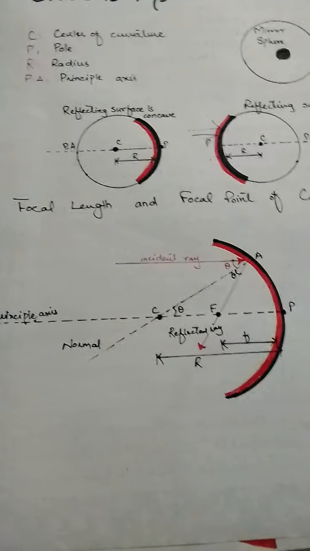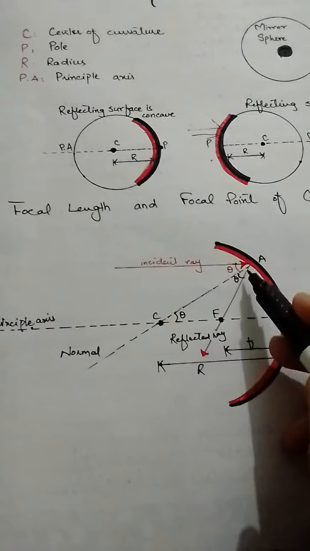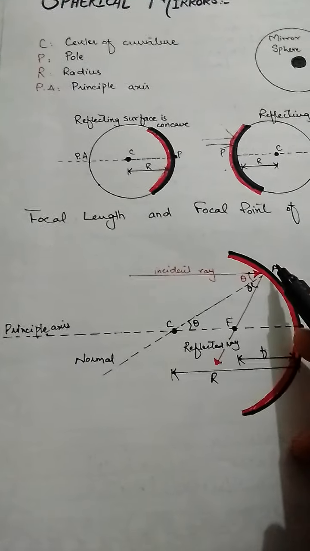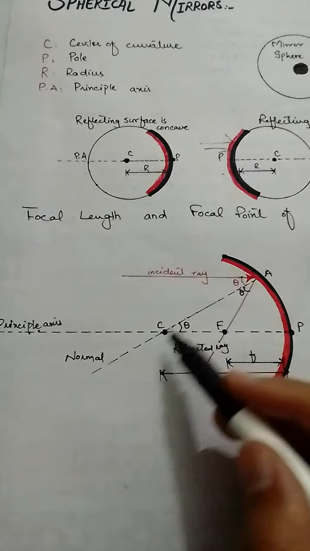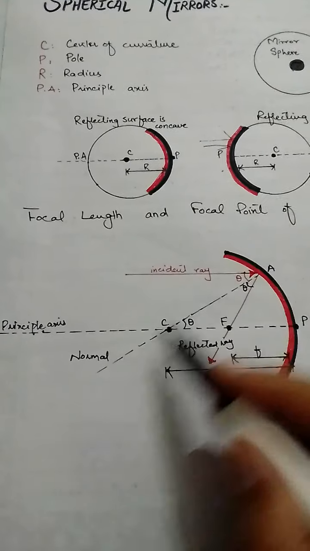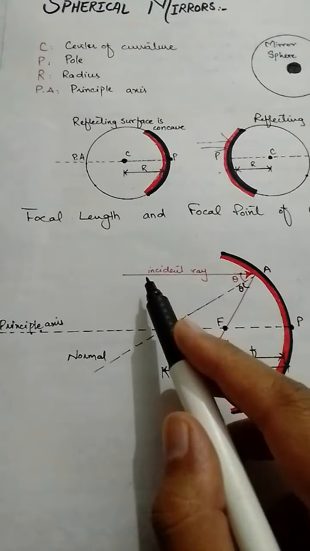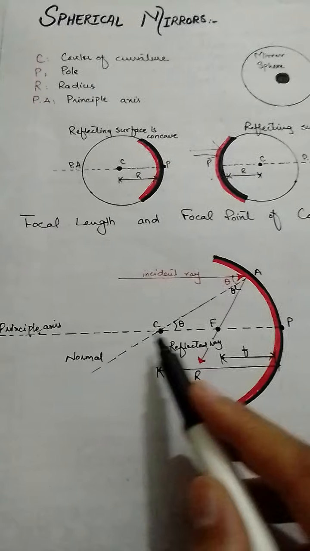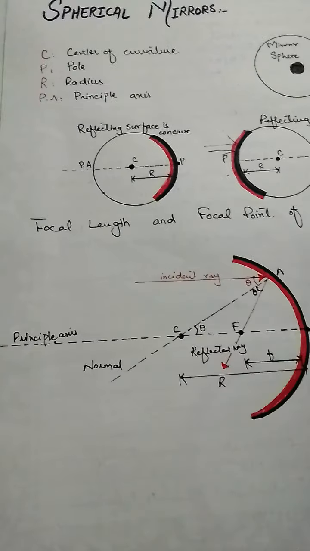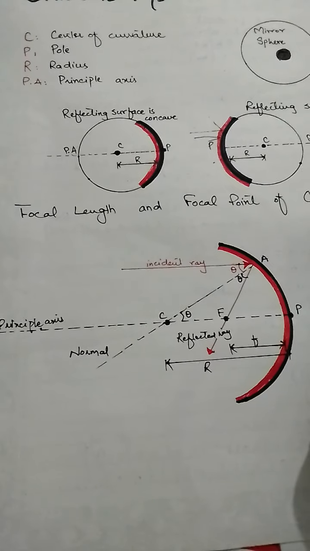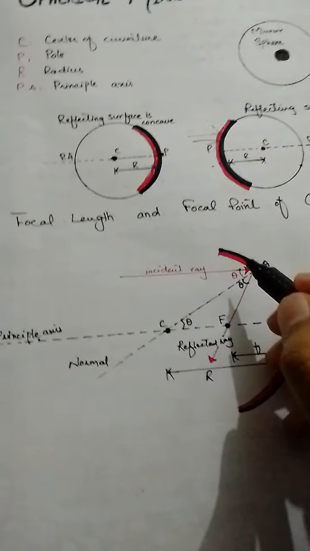We can determine it by the law that whenever a line intersects two parallel lines, whenever this normal line intersects two parallel lines, what are the parallel lines? This incident ray and the principal axis. Whenever this intersects the incident ray and the principal axis, what would happen?